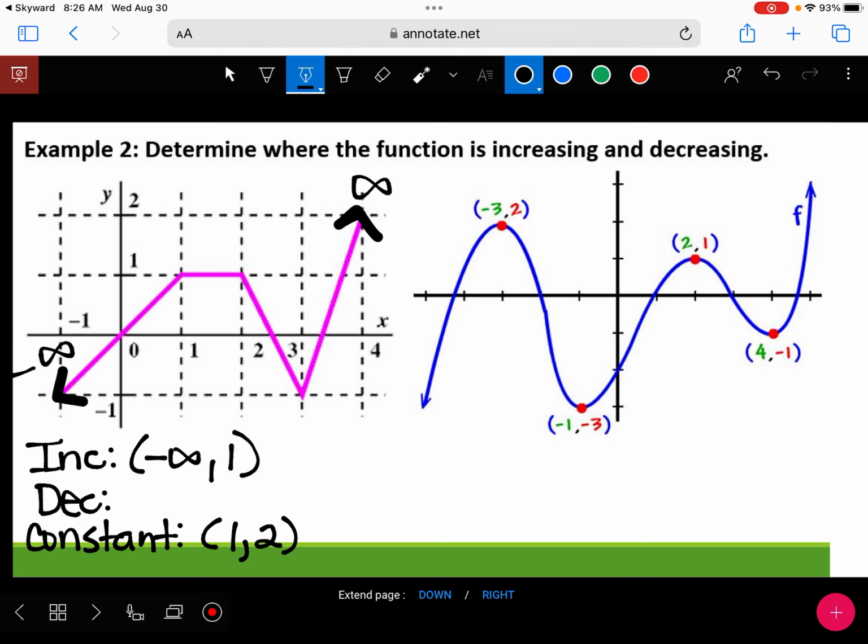We're saying between x is 1 and x is 2, y is staying constant. And then starting at 2, what does it start to do? From 2 to 3, what is it doing? Decreasing from x is 2 to x is 3. So between x equals 2 and x equals 3, it decreases.